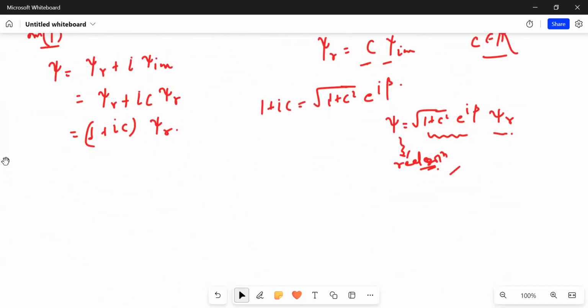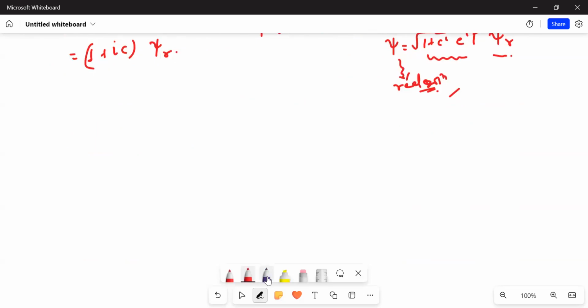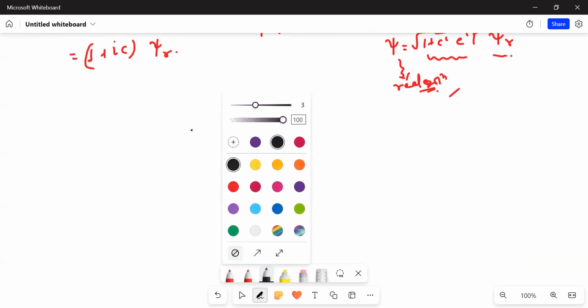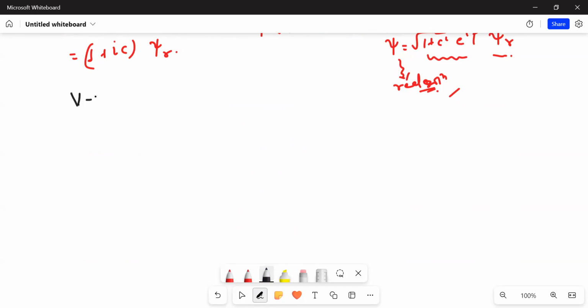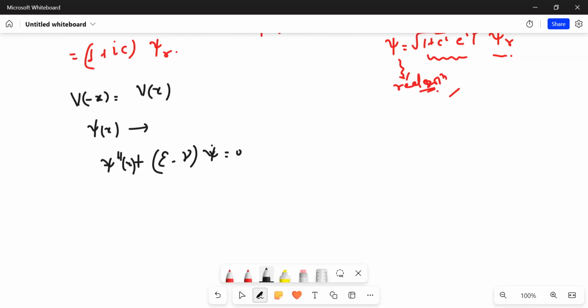Now, if I just want to elaborate on the last thing, that is, if V(x) is such that V(-x) is equal to V(x), then let's see. psi(x) is a solution for this: psi double dash plus epsilon minus nu times psi equals 0.